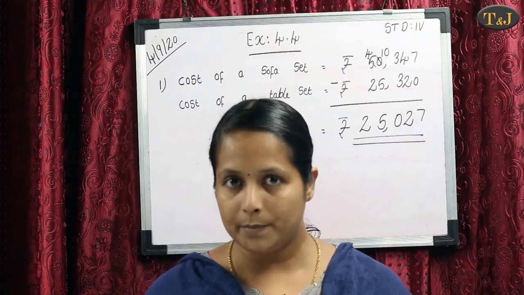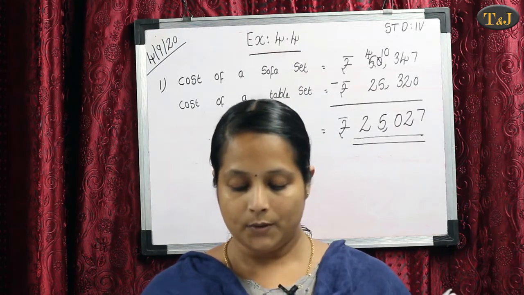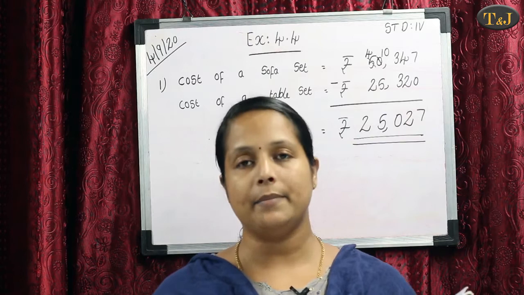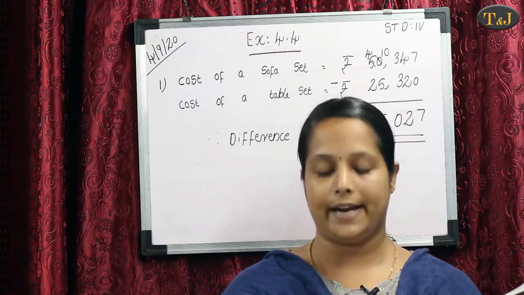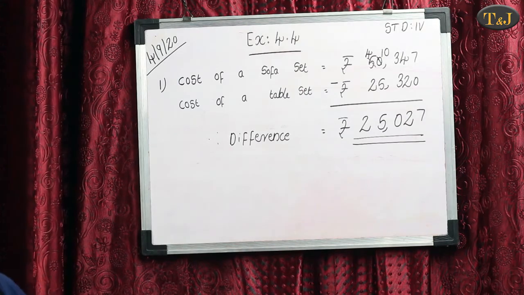Which is the bigger number? Yes, 70 something. That means Mr. Rao's earning, then minus 30,560. First we write the earning of Mr. Rao.